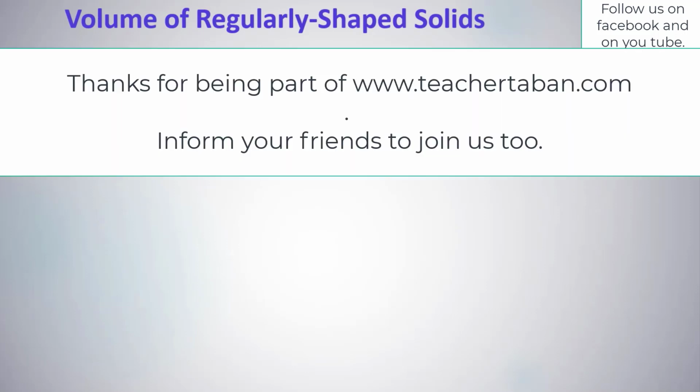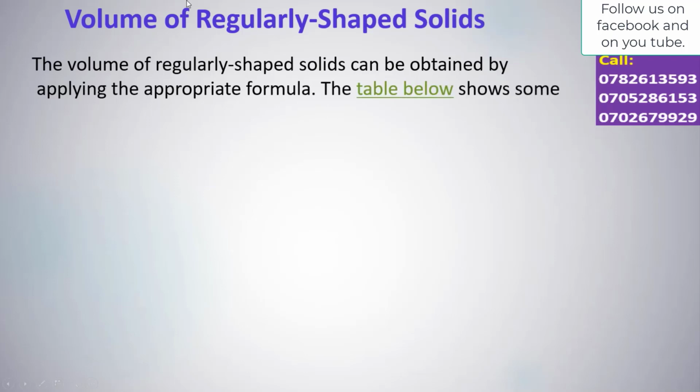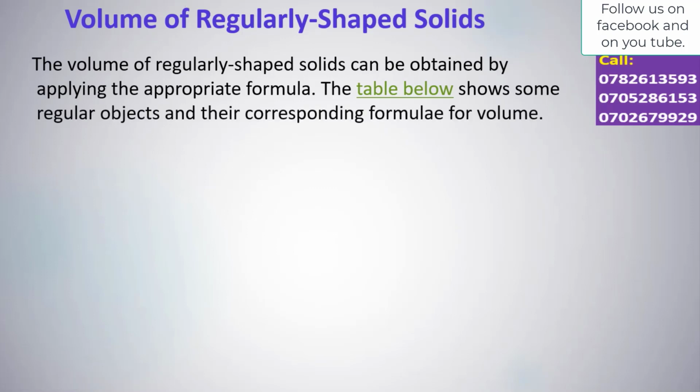Now let's look at the volume of regularly shaped solids. The volume of regularly shaped solids can be obtained by applying the appropriate formula. Now the table below shows some of the regular objects and their corresponding formulae for the volume.